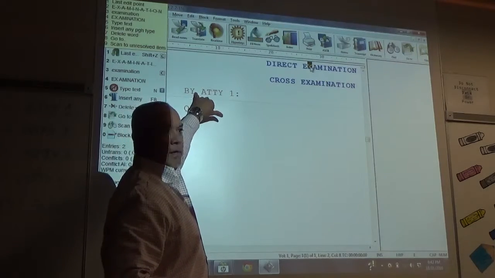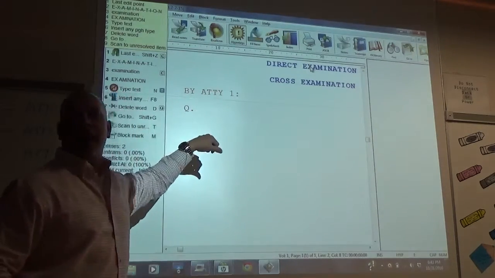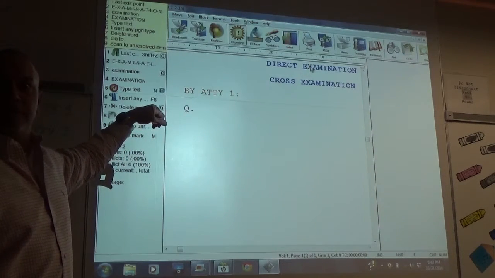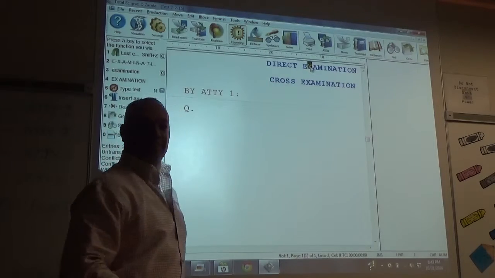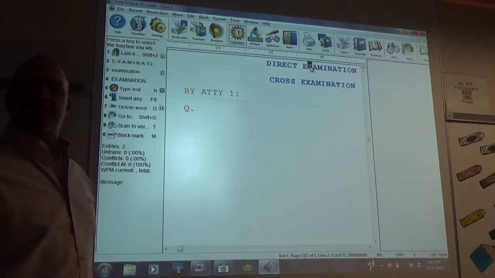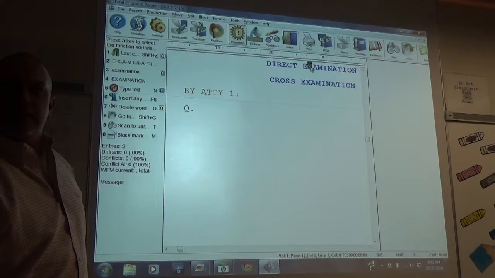Cross, by attorney 1, question. If yours does not look like that, tell me now. My question is to the right of my attorney, it's not underneath it.